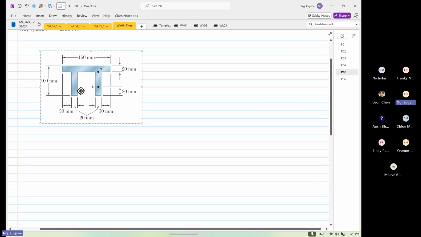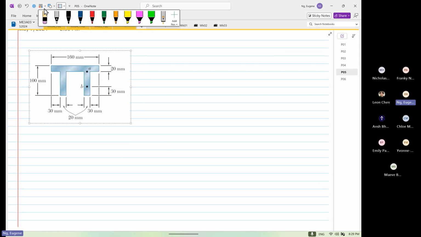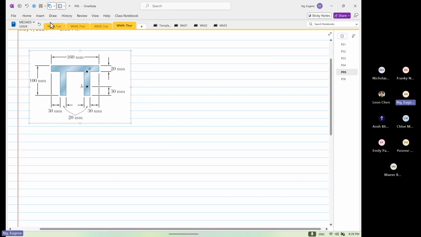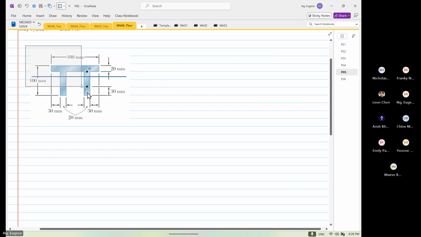I'm going to sketch our datum first. So over here, this is our datum. Okay, that's our datum. I'm going to use our pointer.